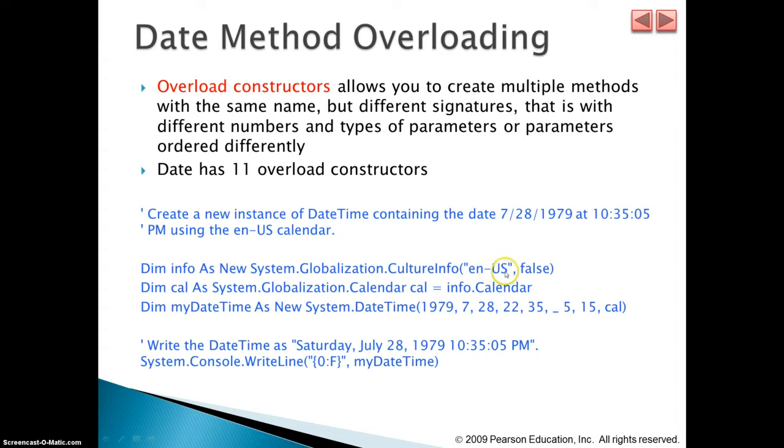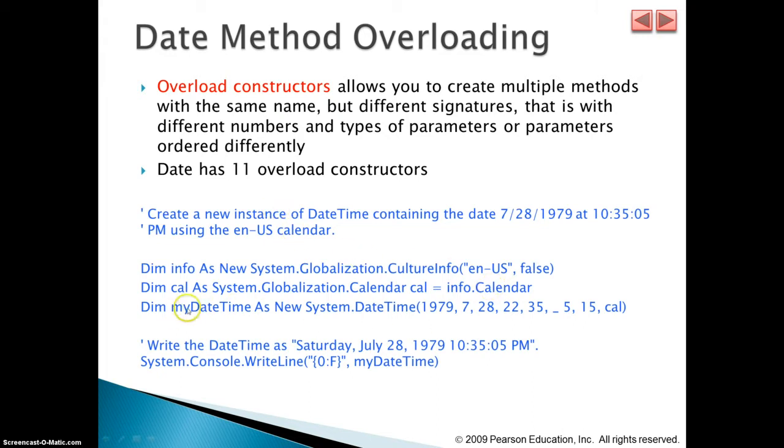And then here we have the input parameters for the constructor to set it up. These are built in, where they're relating to each other. So now we're declaring a variable with the name calendar, the type system.globalization.calendar, but we're setting it equal to info.calendar. So we're saying we want the calendar to be in the format for this particular culture.